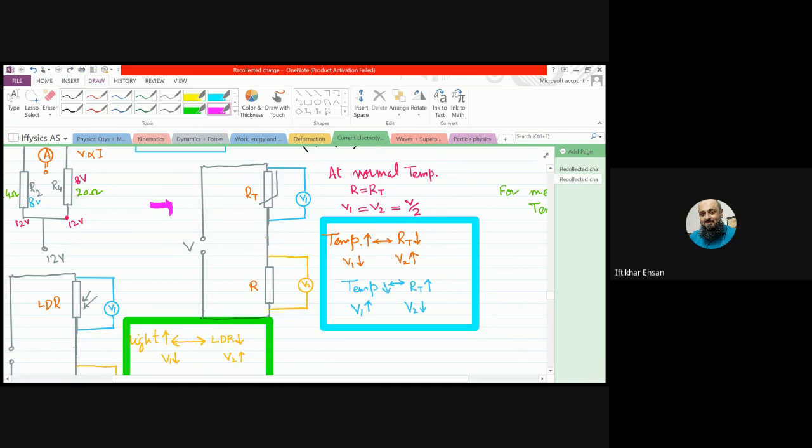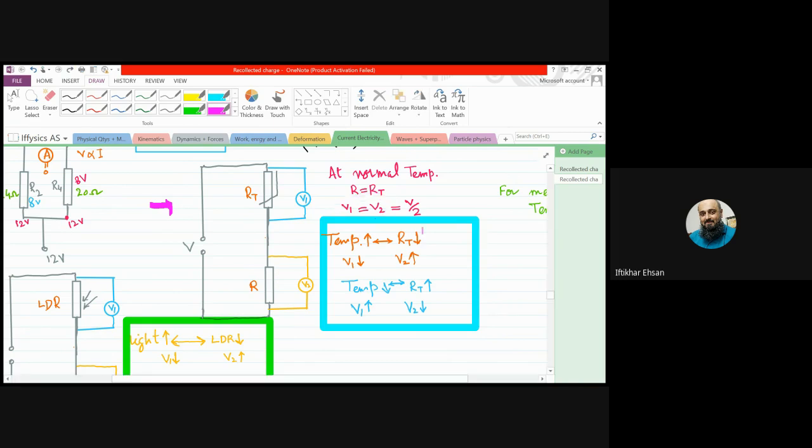It changes with the heat, and it changes inversely, as we discussed. When temperature increases, the resistance of the thermistor decreases. When temperature decreases, the resistance of the thermistor increases. Initially, the fixed resistor and thermistor had equal resistance and equal voltage readings.